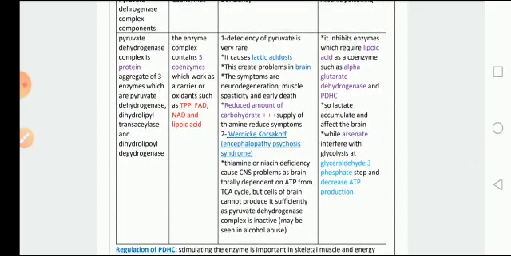Instead, this pyruvate would be converted to lactate. Remember, lactate is acidic, and its accumulation would create problems in my brain. It would lead to neurodegeneration and death, and of course, reduced amount of carbohydrates.